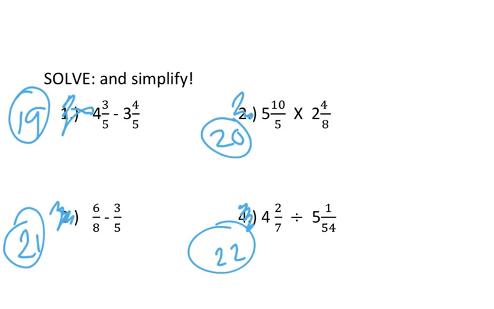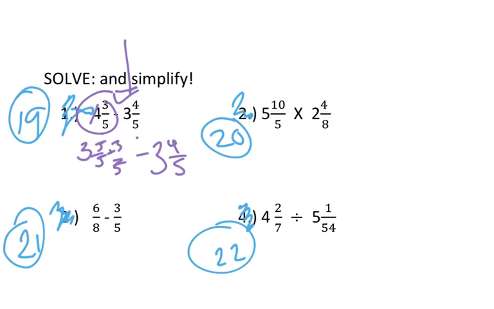Alright, here we've got common denominators already, which is excellent because for adding and subtracting I need them. You have 2 choices. You can regroup and borrow 1 whole and make this 3 and 5/5 plus 3/5 to represent this amount, minus 3 wholes and 4/5, which would be 3 and 8/5 minus 3 and 4/5, which gives you a final answer of 4/5.